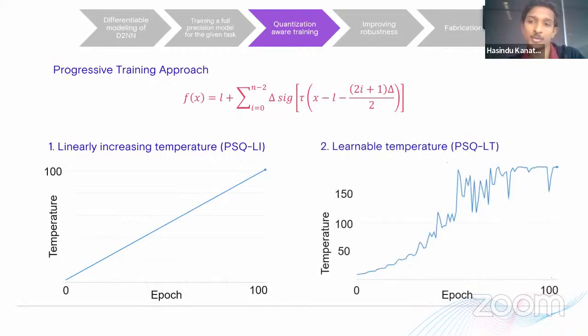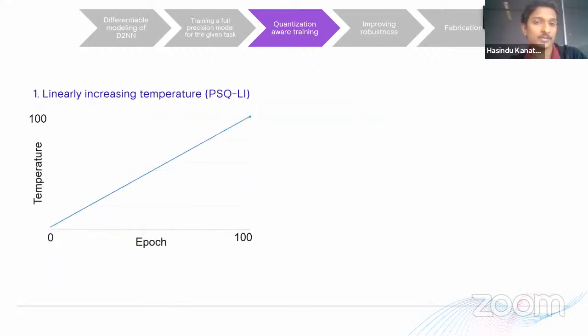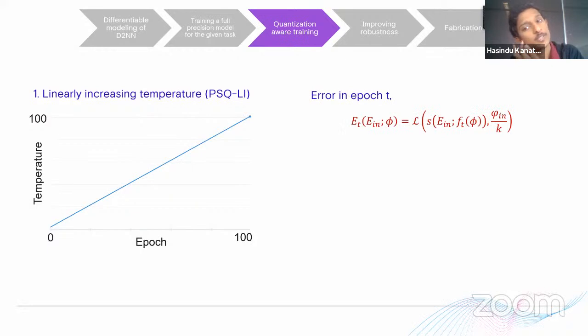The second approach is the learnable temperature. In this case, we make the temperature a learnable parameter so that the optimizer can optimize it as the training progresses. If I go into a little more detail, in the linearly increasing temperature case, for the t-th epoch, we can compute the error like this. In contrast to the full precision model training, here I am only considering the base parameters.